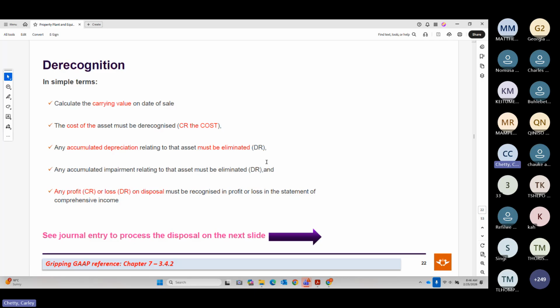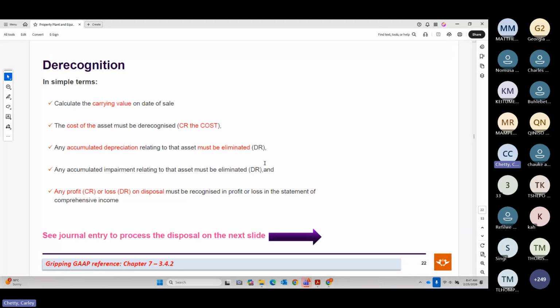If we had accumulated impairments for this asset, we would have credited that account, but now we are removing the accumulated impairments, so we are debiting the account. Then we're going to determine any profit or loss on disposal that must be recognized. And remember, the profit or loss is going to be recognized in the statement of comprehensive income.